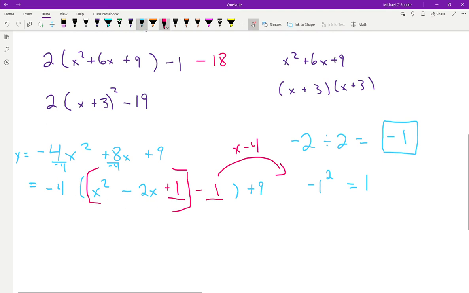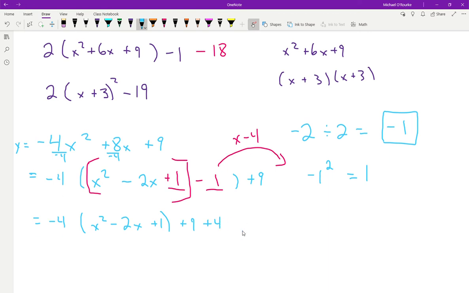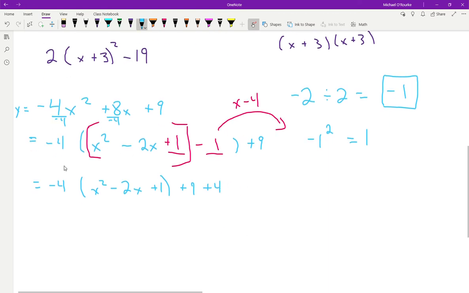So if I were to do my next line, negative 4 bracket x squared minus 2x plus 1 plus 9 plus 4. Then it's going to go plus 13.